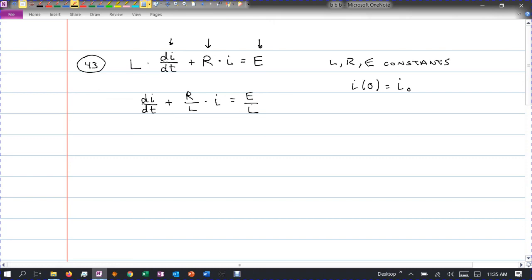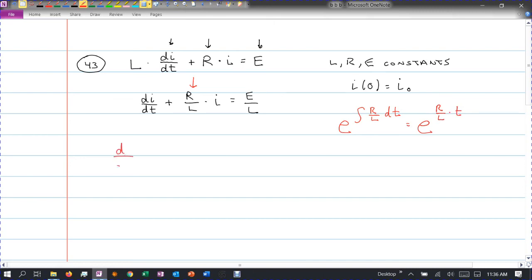Okay, so my integrating factor is going to be e to the integral of r over L, because that's what's in front of the I, dt here, and so that's just a constant up there, so this is going to be e to the (r over L) t. That's our integrating factor.